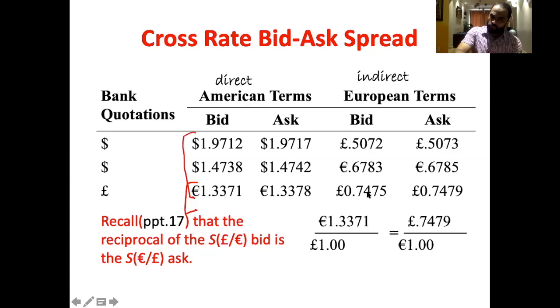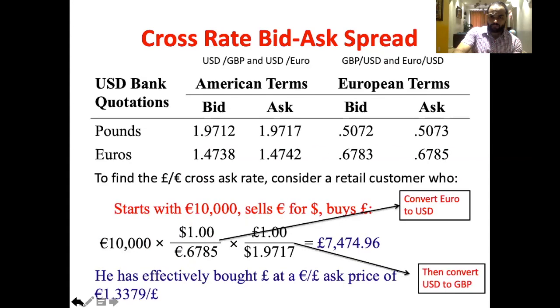Because I can see that you did the reciprocal of it to get the American term. So how do you know that number is in European term? You mean, how do I know this one is in European terms? That's your question, right?